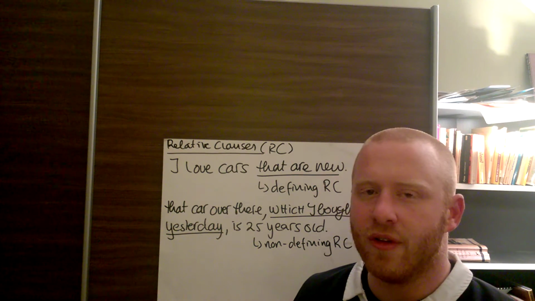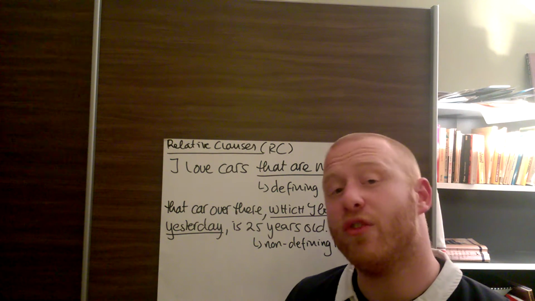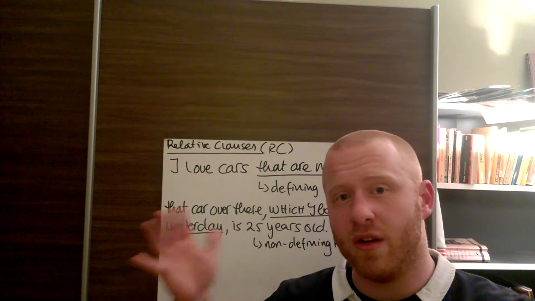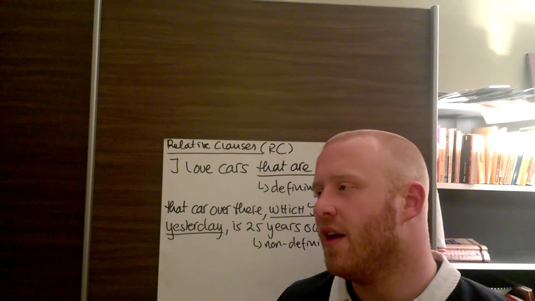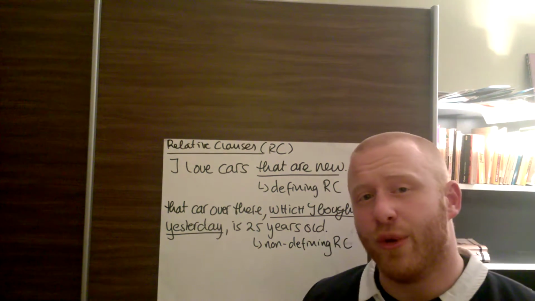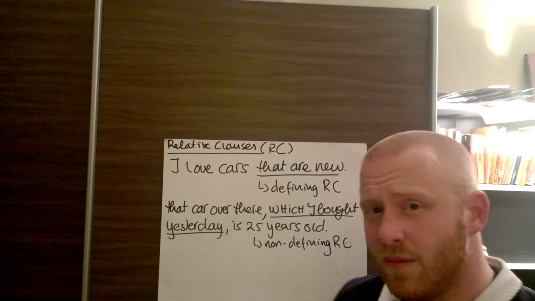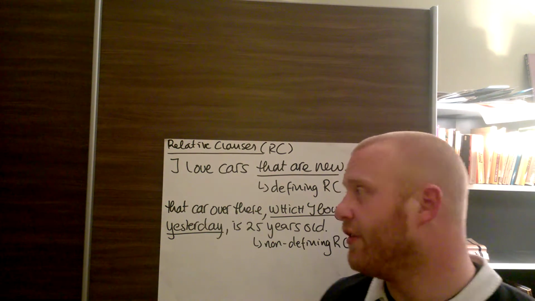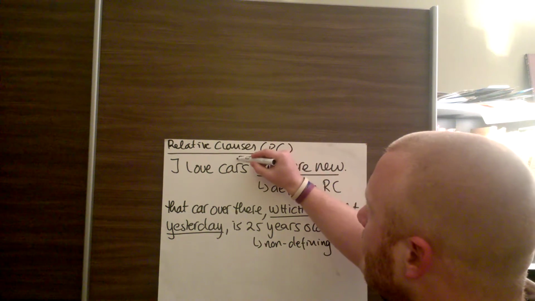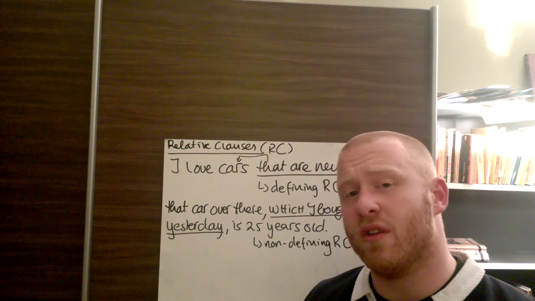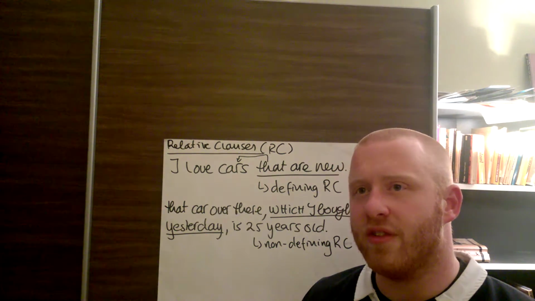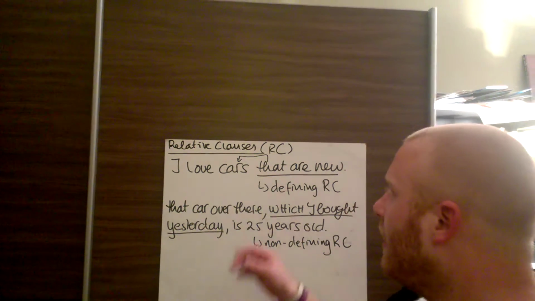Look at the commas. Very often, commas that are added to a sentence will imply or will tell you that it is non-defining. So the information added is not really all that vital. The last thing that I'm going to explain to you is that the word that, to refer back to a sentence, in this case, I love cars that, which refers back to the car, the word that is very often or most commonly used in defining clauses because it adds information that is important to understand.